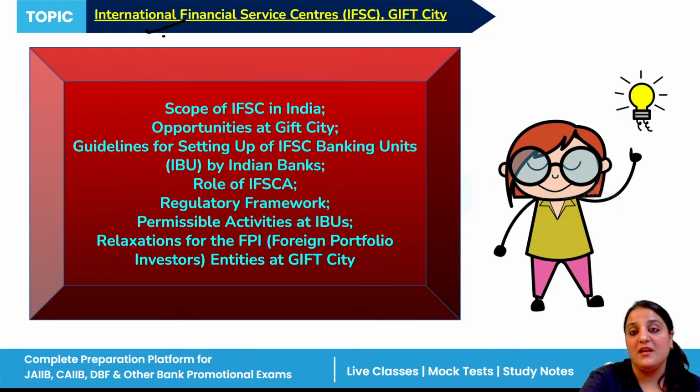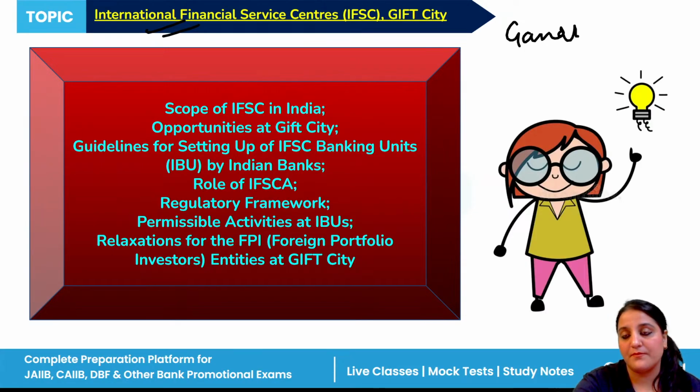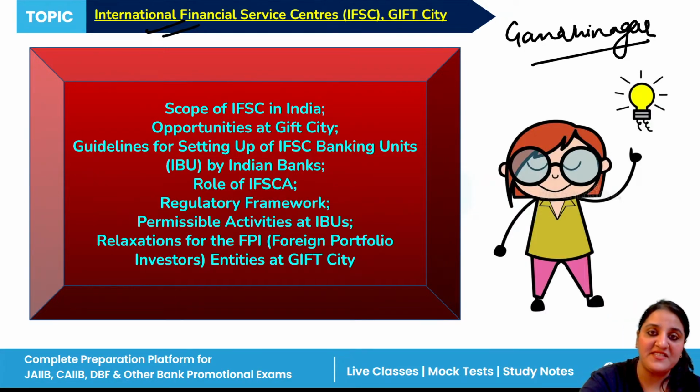Then this is, I think, the last second chapter in module A, in which we are going to learn about IFSC. Why are IFSCs so popular nowadays? What is GIFT City? Because the first GIFT City is in Gandhinagar, Gujarat. What is the role of the IFSCA?